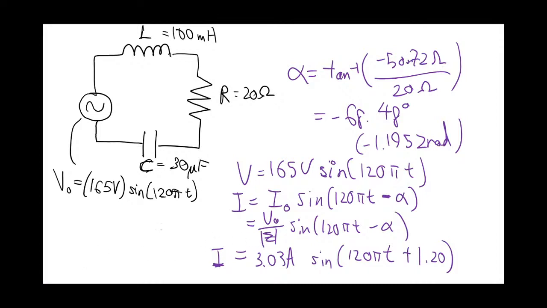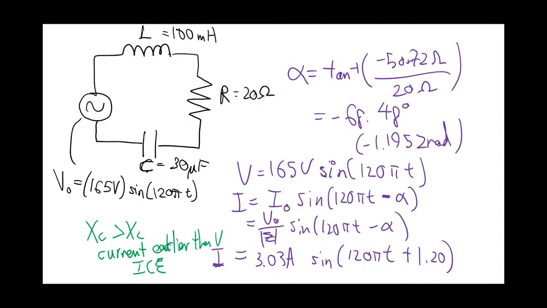And it makes sense because the impedance of the capacitor is bigger than the impedance of the inductor, so we expect the capacitance behavior to dominate, so current comes earlier than V, right?